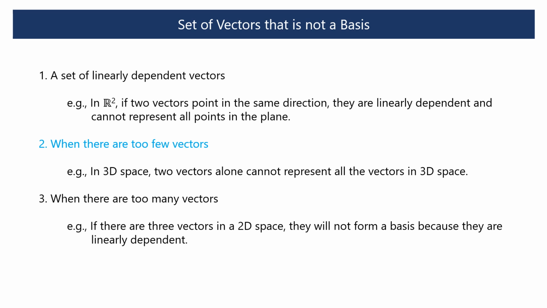Such a set is also not a basis. Third, when there are too many vectors. If there are more vectors than the dimension of the space, they will not form a basis either. For example, if there are three vectors in a 2D space, they will not form a basis because they are linearly dependent.